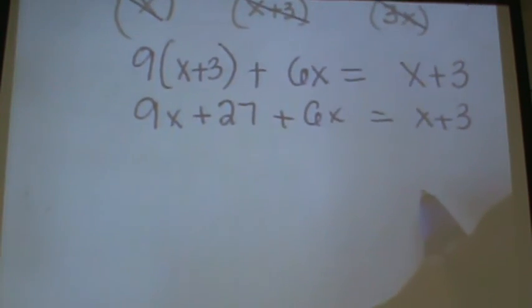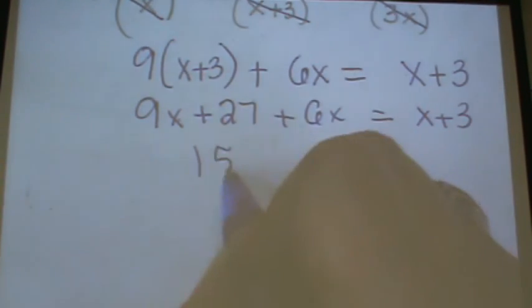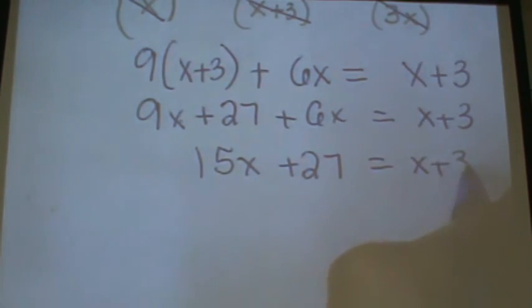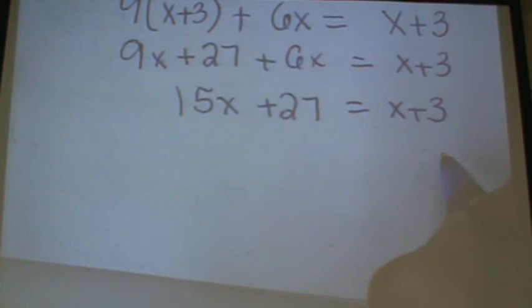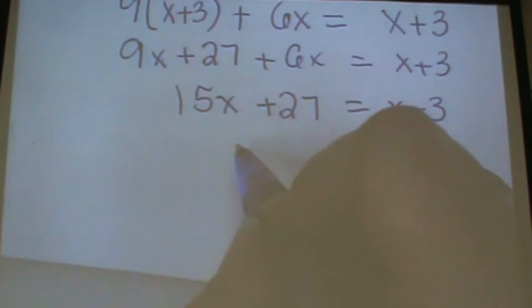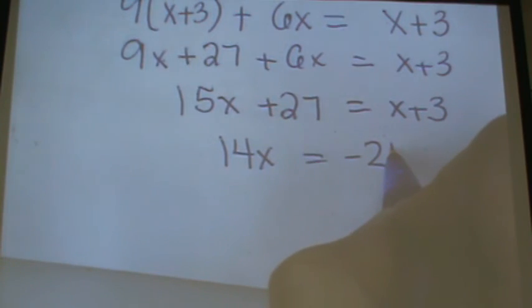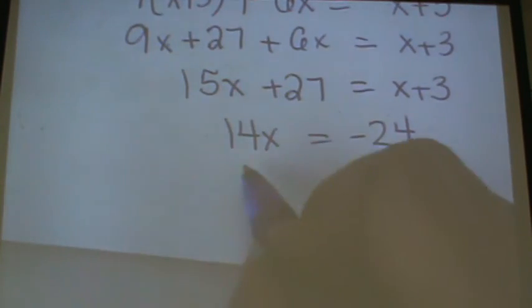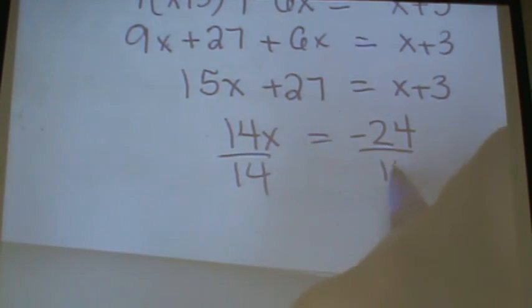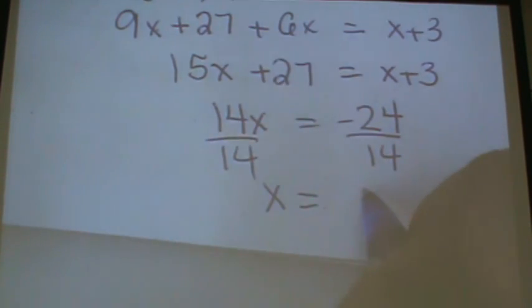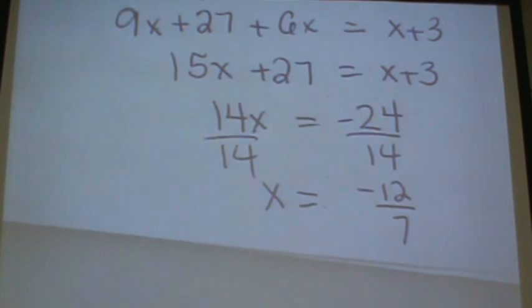What else? 15x. What else? Subtract x, subtract 27, and divide by 14. Unfortunately, this is an ugly answer. You're going to divide these both by 2, negative 12 sevenths.